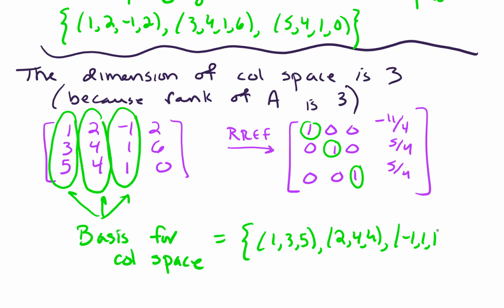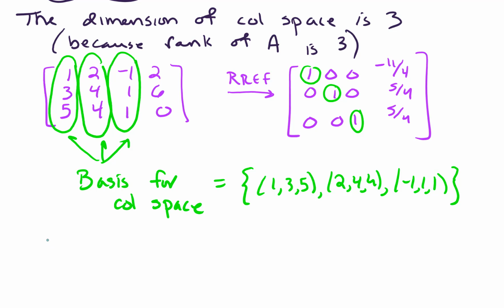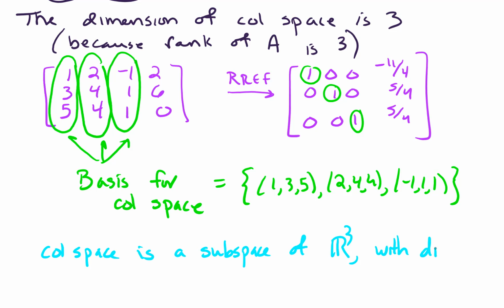Another way of writing down an equally good basis for the column space would be to say, wait a minute, my column space is a subspace of R3 with dimension 3. And the only subspace of R3 with dimension 3 is all of R3.